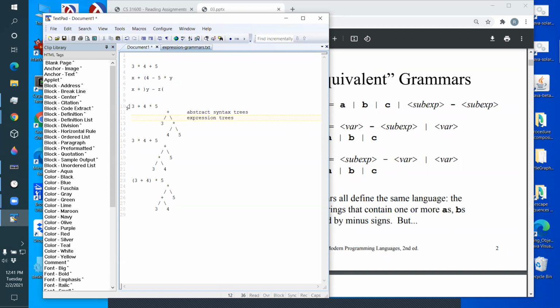Okay, so this expression has that abstract syntax tree. We want a grammar for arithmetic that does 2 things. It'll tell us what are legitimate arithmetic expressions and what are illegitimate arithmetic expressions.